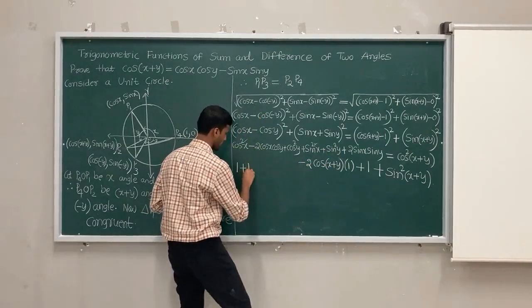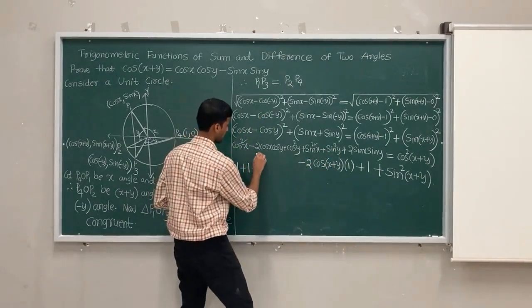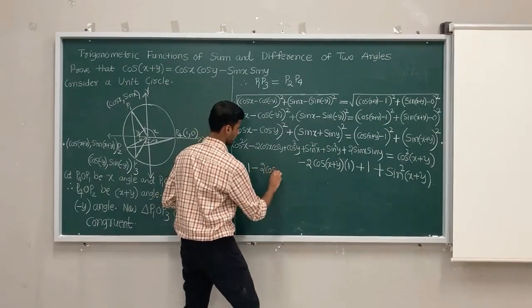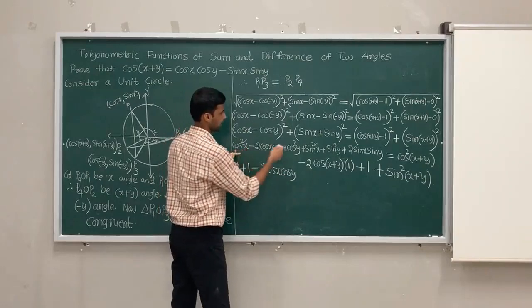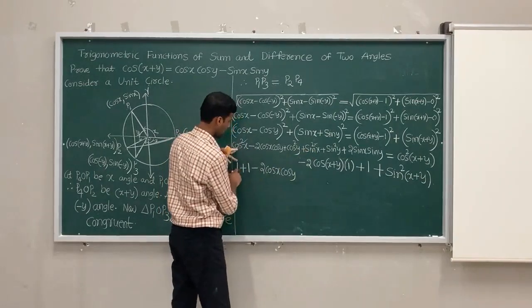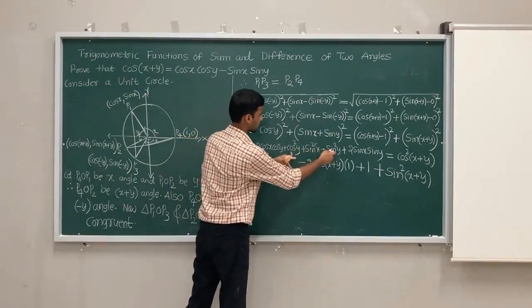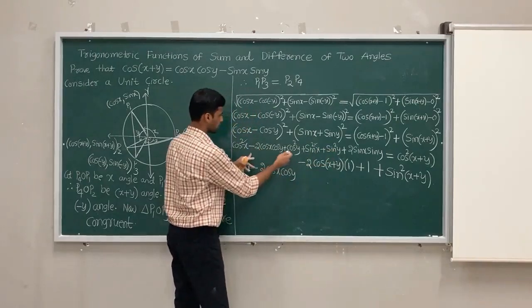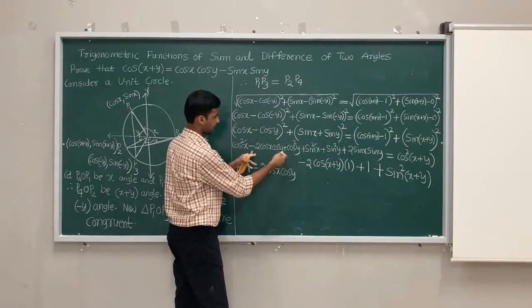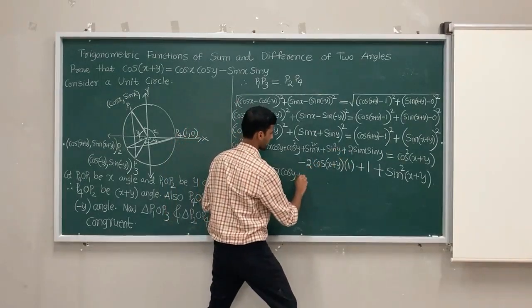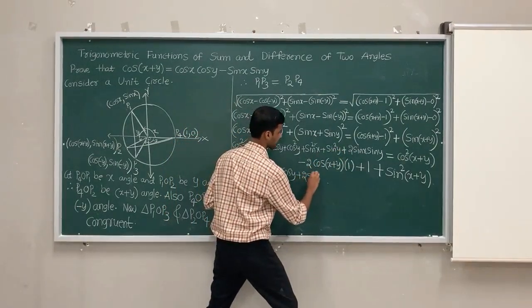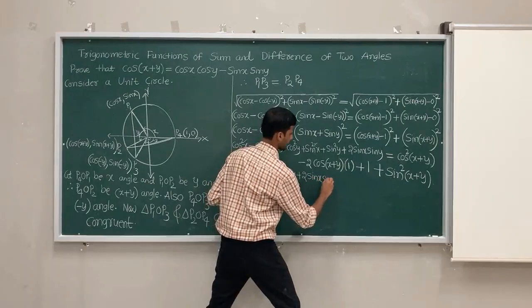So 1 plus 1 is 2. So what is left? Minus 2 times cos x cos y. I tagged cos square x with sin square x, the answer is 1. I tagged cos square y with sin square y, the answer is again 1. So the terms which are left are minus 2 times cos x cos y, and one more term, that is 2 times sin x sin y.